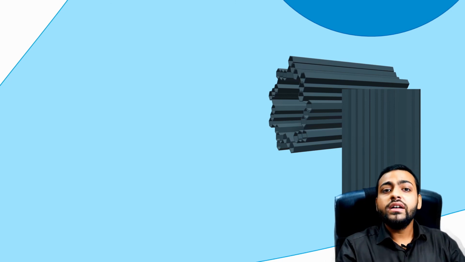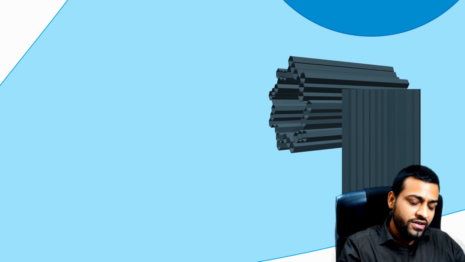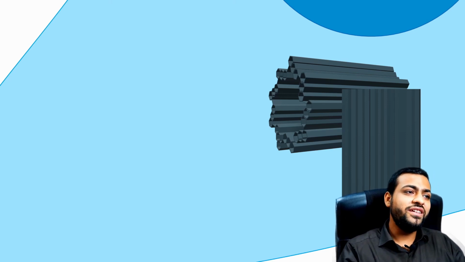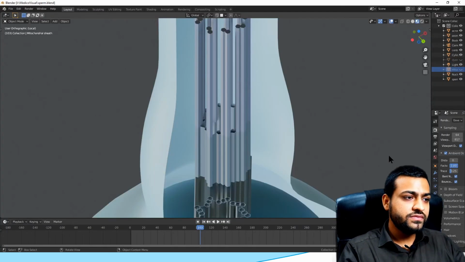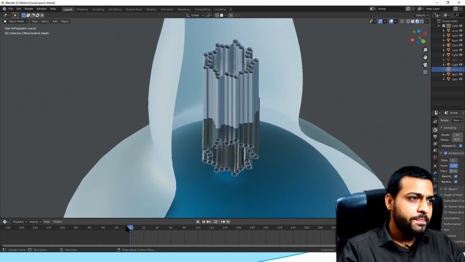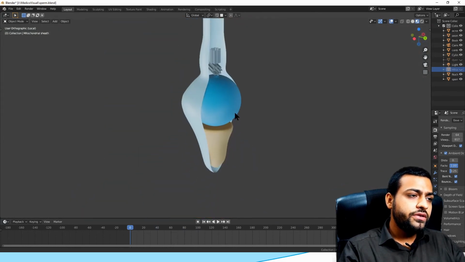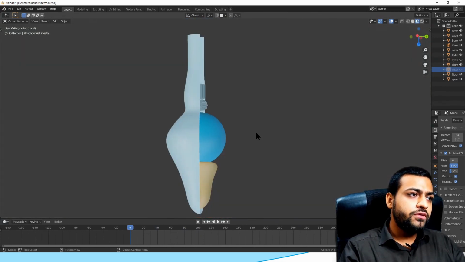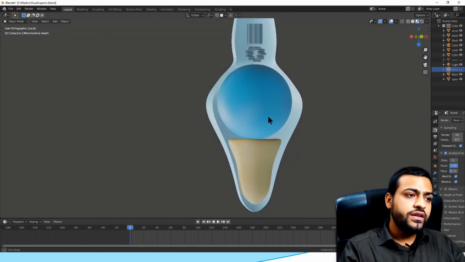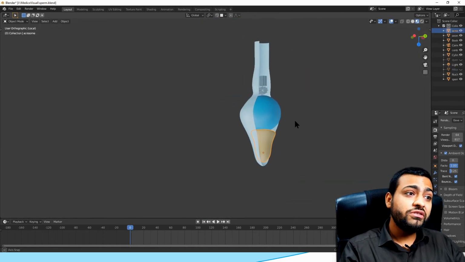Now let's see how flagellum arises from this centriole. For this we will go to our beloved software Blender 3D. So this is a cross section of a spermatozoa. It is actually a developing spermatozoa right now.